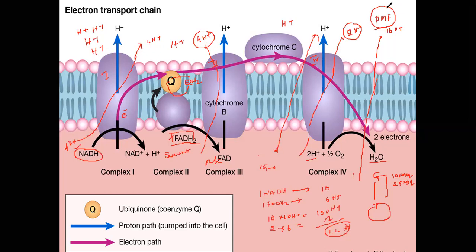Then again the problem comes. Imagine any number of glucose molecules participating in the glycolysis process and the tricarboxylic acid cycle. They pump an enormous amount of hydrogen ions and it increases the proton motive force. Now again, what happens here?